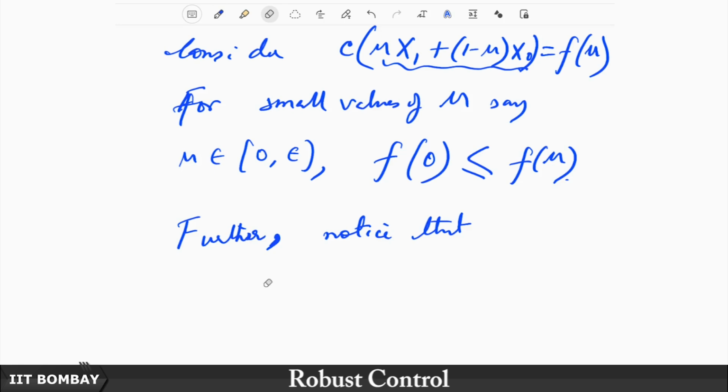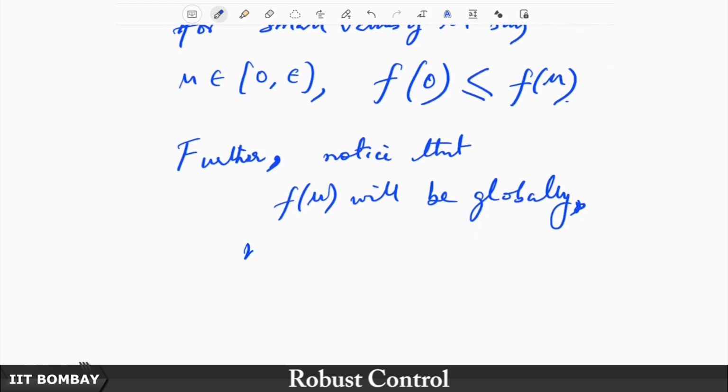Notice that this f mu will be globally non-decreasing. Why? Because whatever nature holds locally for this function f, because of the affineness of this function with respect to mu, will be the same nature in the global domain.